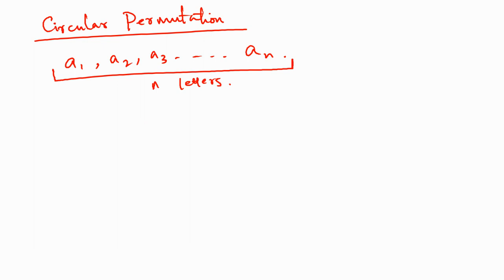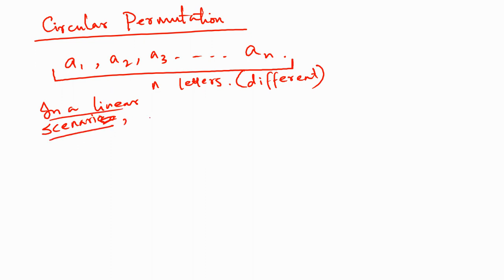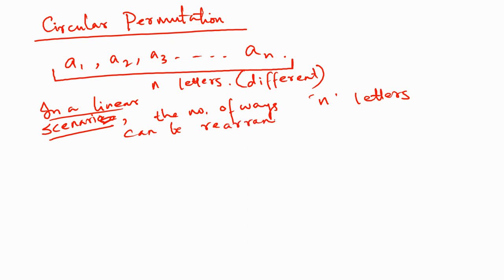How many ways can they be rearranged among themselves if all are different, in a linear scenario?